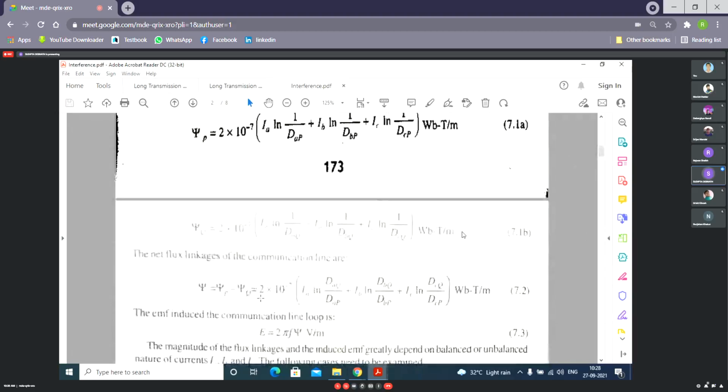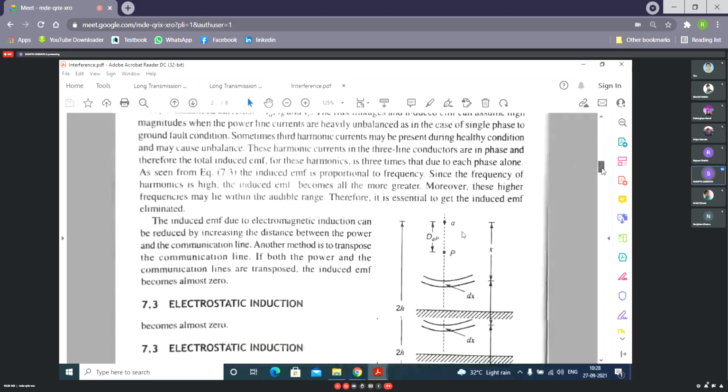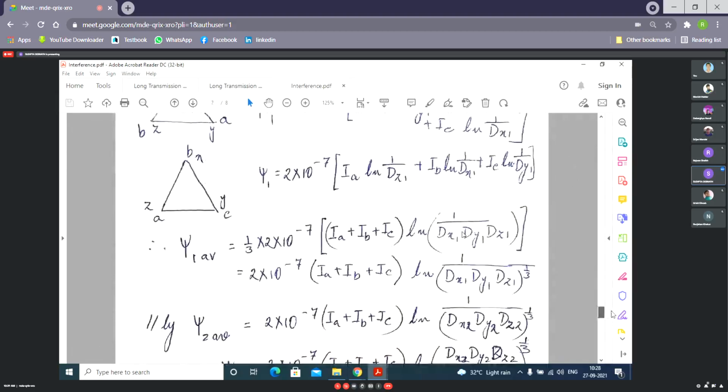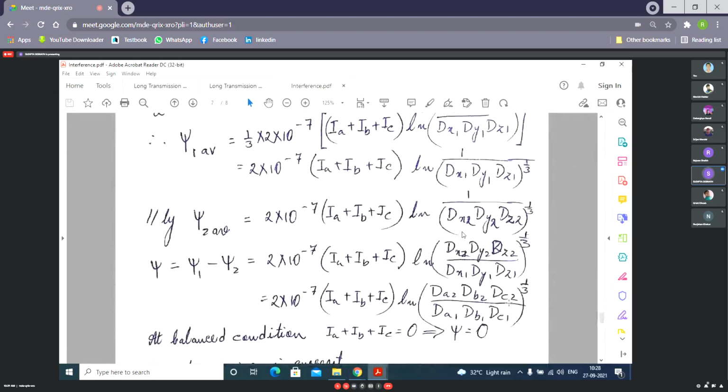So what is the ultimate expression? The ultimate expression is this one, when the power lines are transposed. Now we can understand that under balanced condition, this is equal to 0. So the flux linkage in the communication lines is exactly equal to 0.